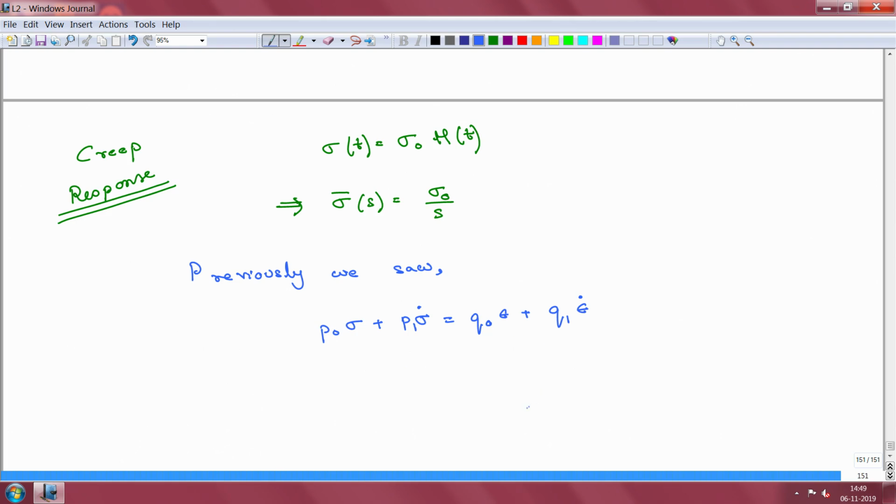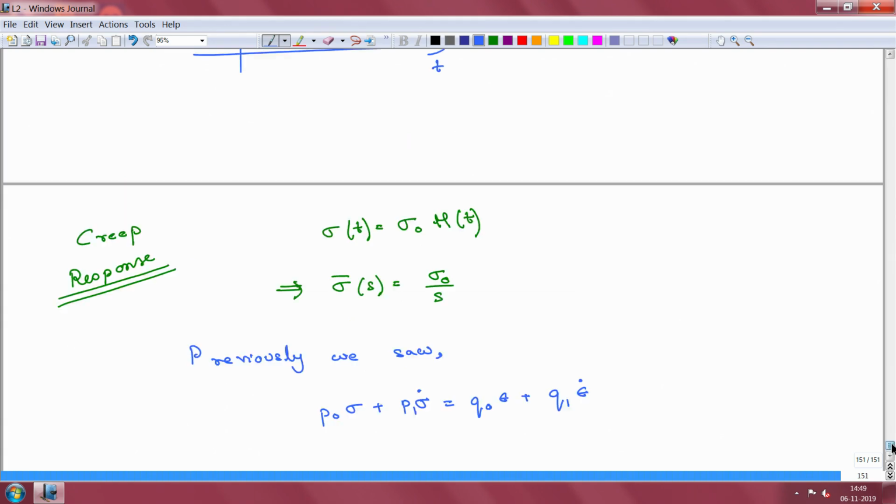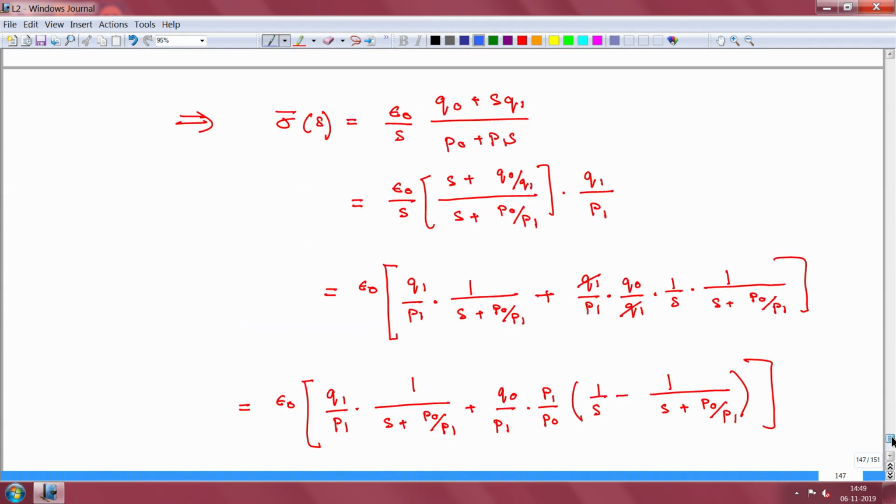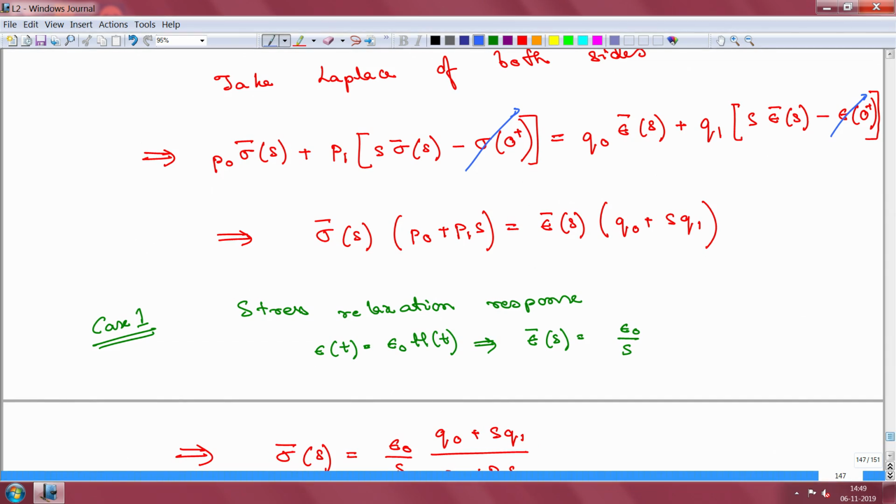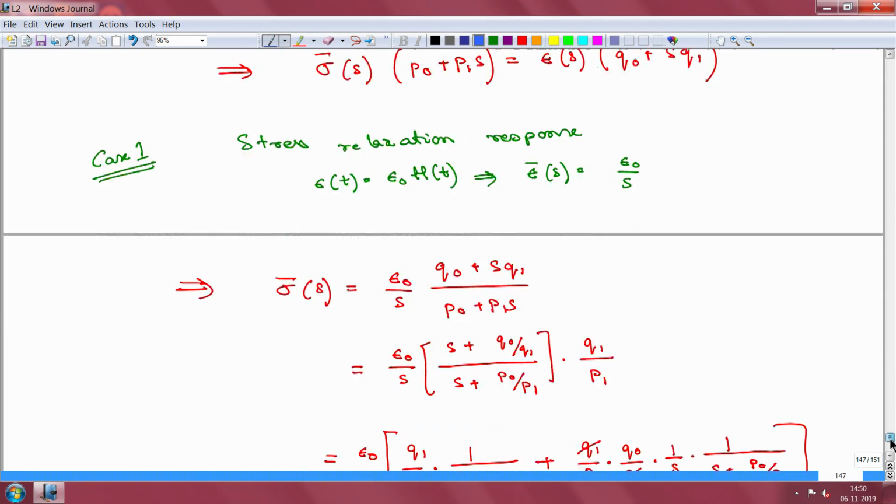Okay. So, now we have this part that we can still reuse, right. So, we will just write that sigma s.